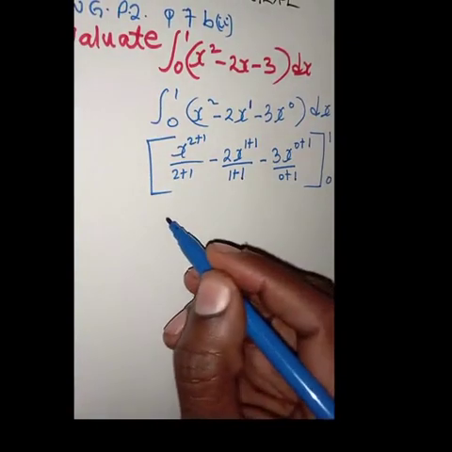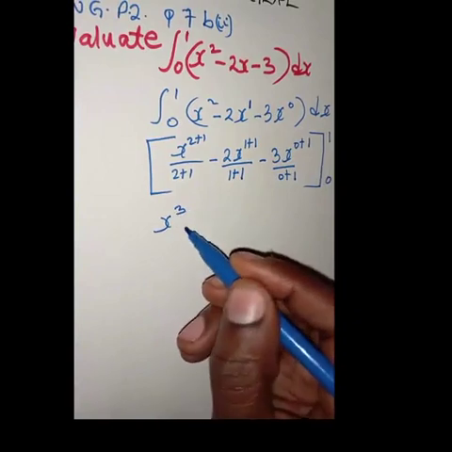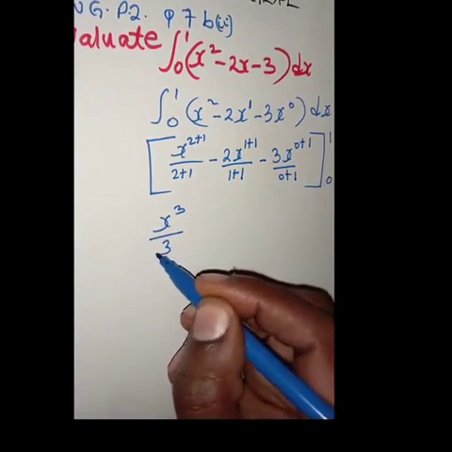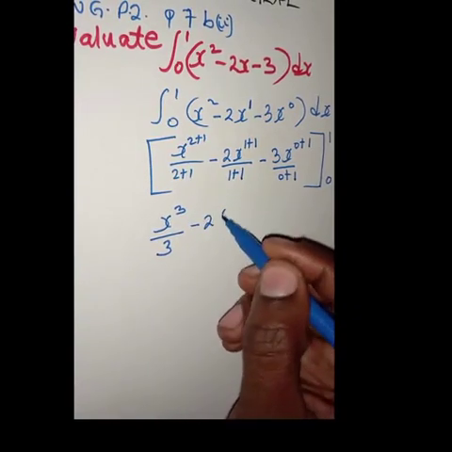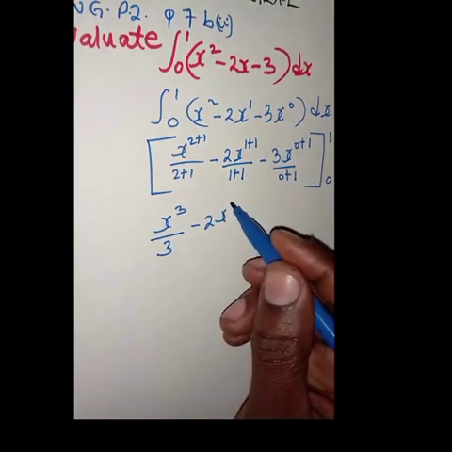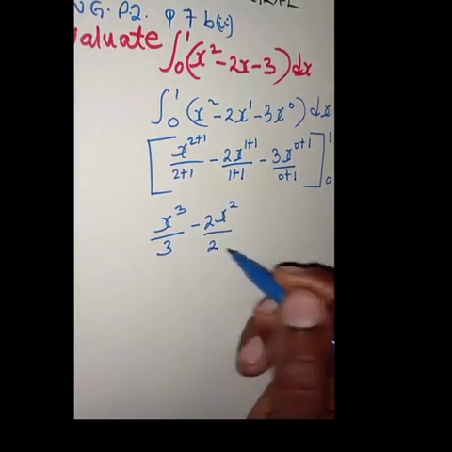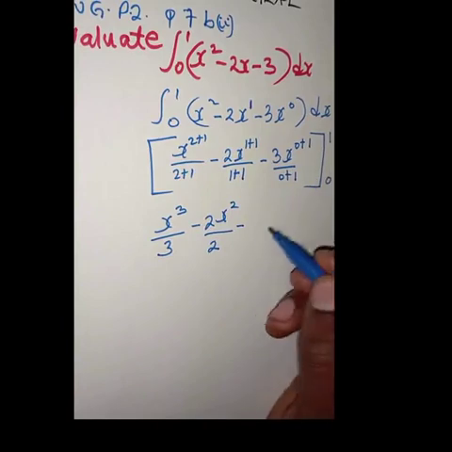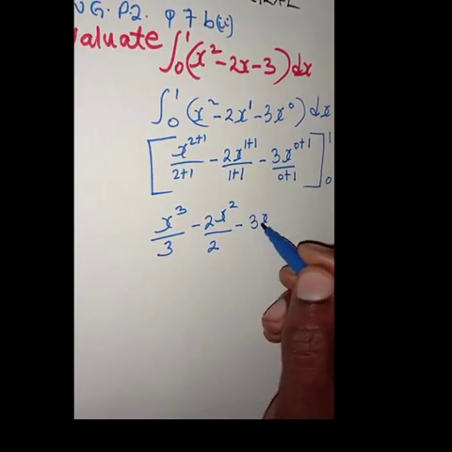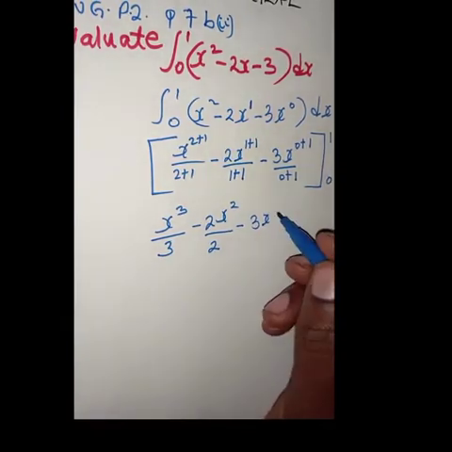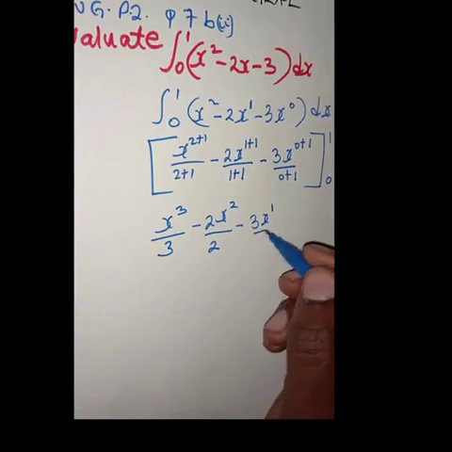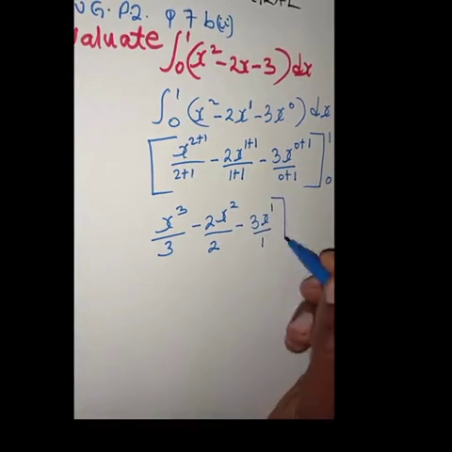So next step, we simplify. That is a 3 over 3, that is a 2 over a 2, that is 0 plus 1 is 1 over 0 plus 1, 1.